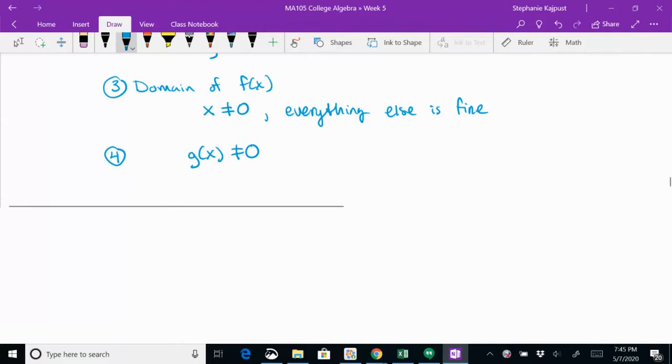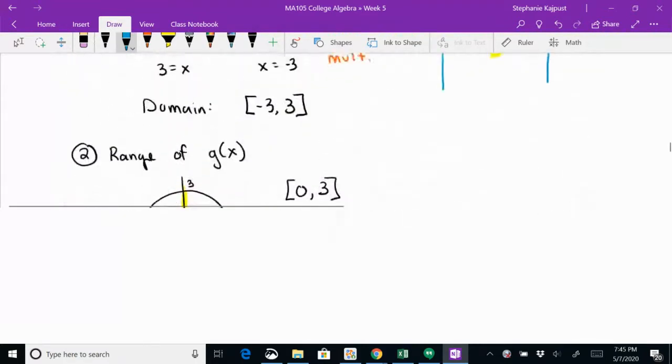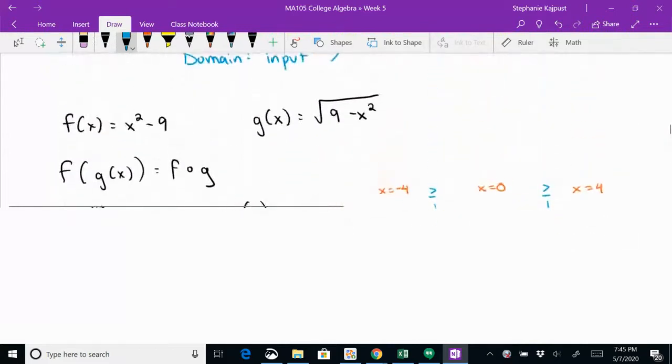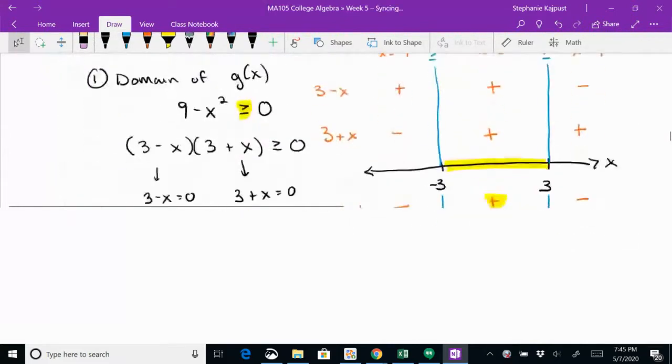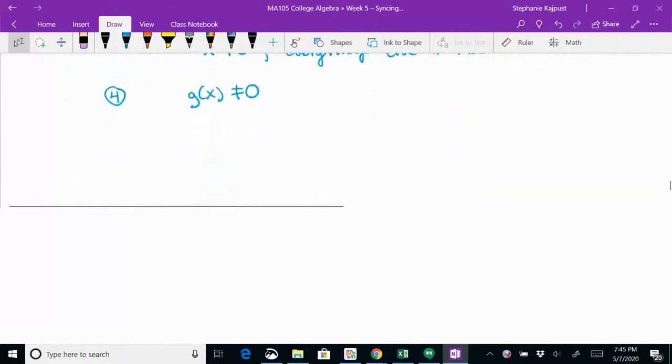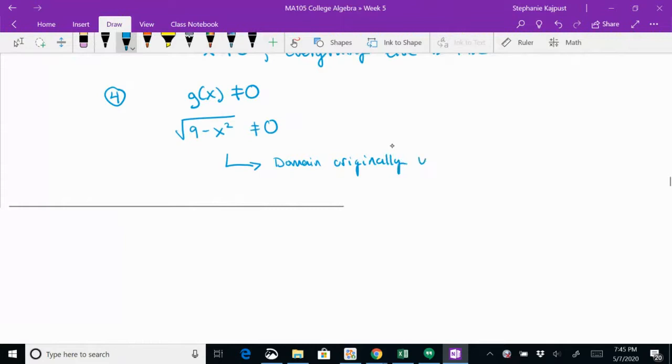What is our issue here? So then you go back and you replace g of x with your function, square root of 9 minus x squared. So that is not allowed to be 0. This takes us back to our original domain, which was where we could have the inside of the square root greater than or equal to 0.